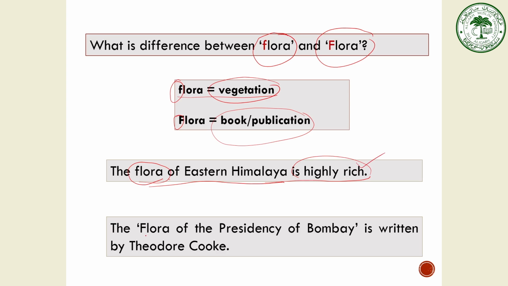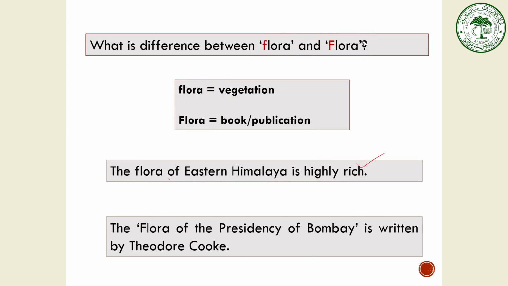And here you can see the Flora of the Presidency of Bombay, written by Theodore Cooke. So remember that when you are writing the Flora, that is the taxonomic document, you always write it with a capital letter as a noun. This is the difference between flora, which is the plants, and Flora, a document that retains the plants of different locations.